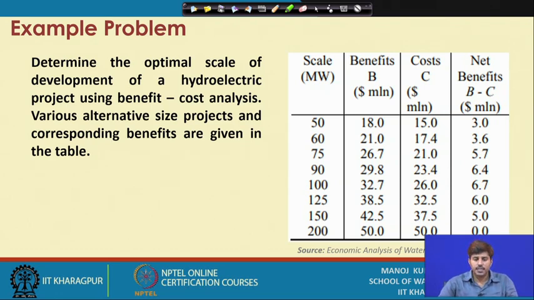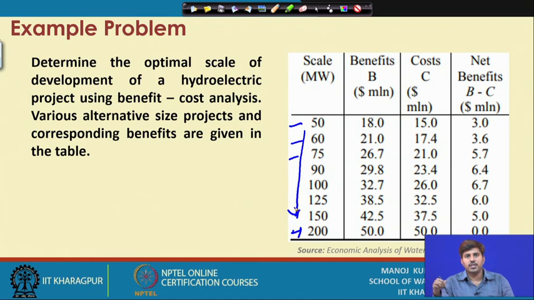So, let's say we need to figure out the optimum scale of development of a hydroelectric project using this incremental benefit cost analysis. There are various alternative size projects and the corresponding benefits and costs are as under. There are different scales starting from 50 megawatt up to 200 megawatt, and we have the benefit and cost available for the different projects.